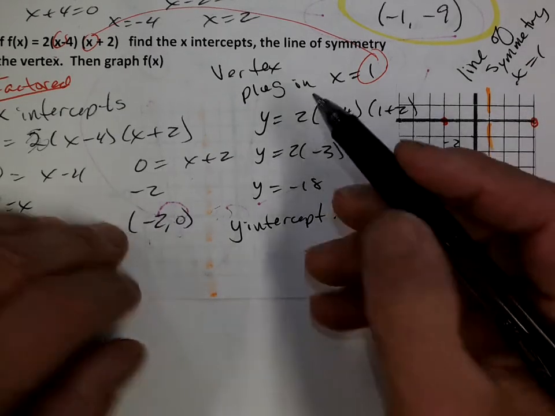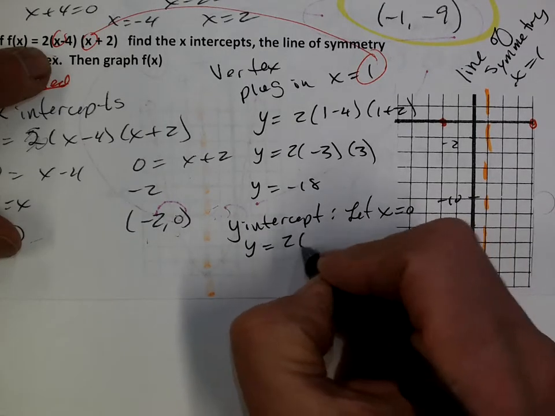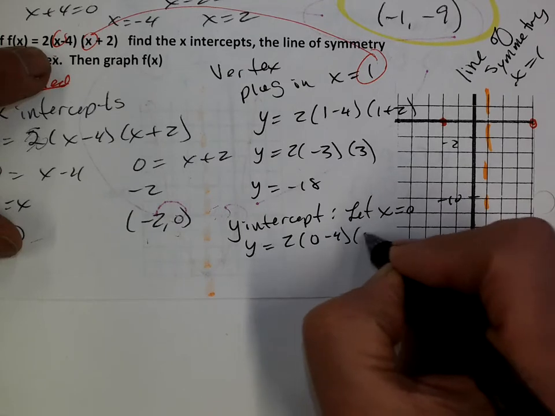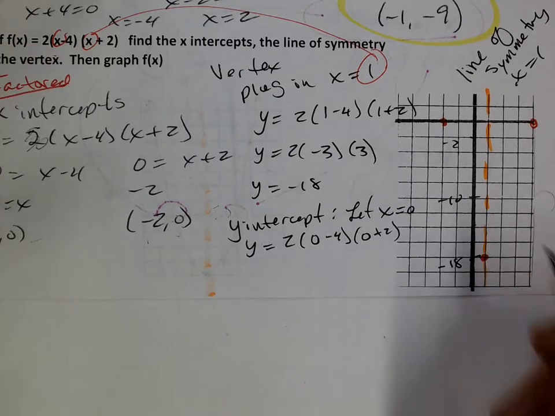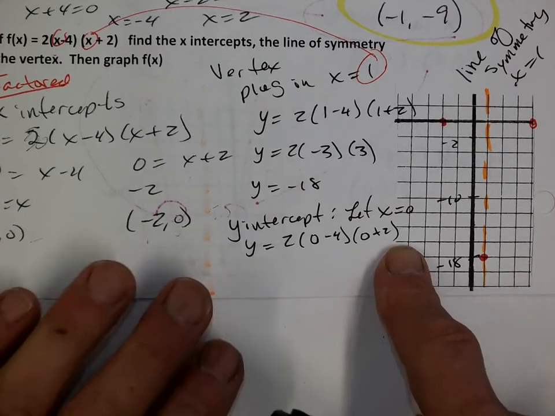So let's plug it in. So I've got y equals 2 times 0 minus 4 times 0 plus 2, 8 times 2, negative 18.